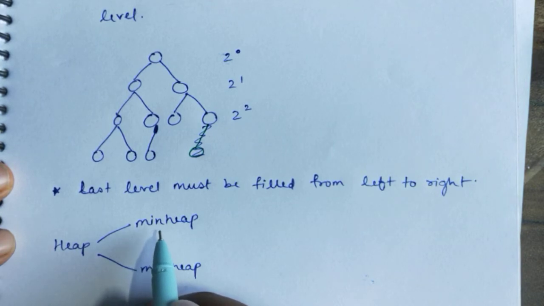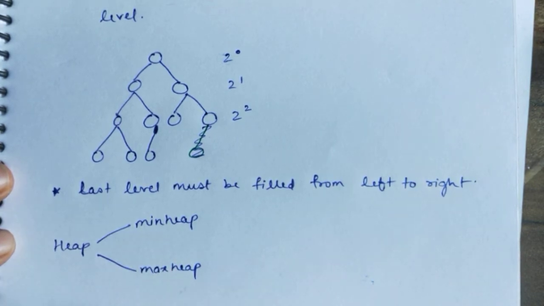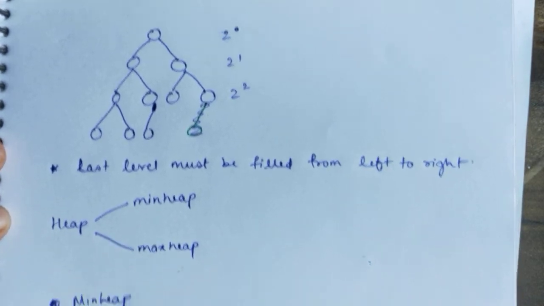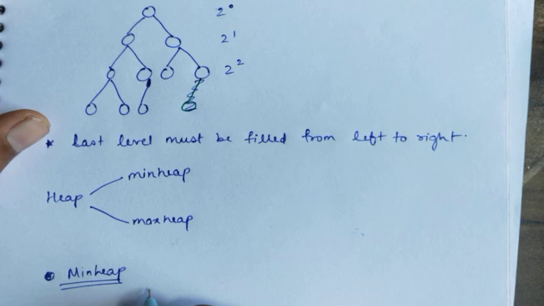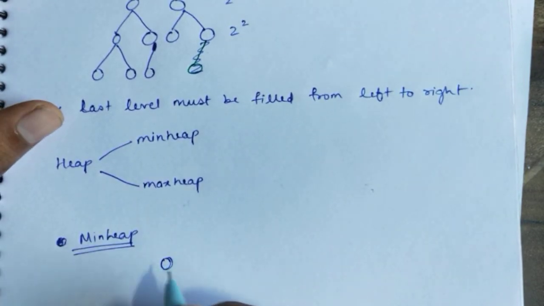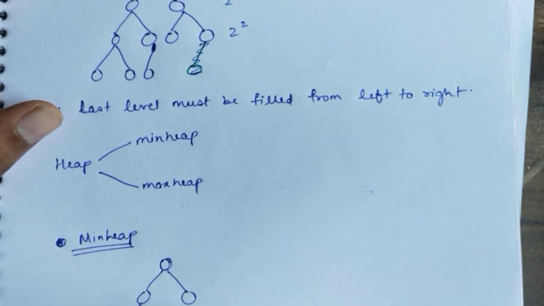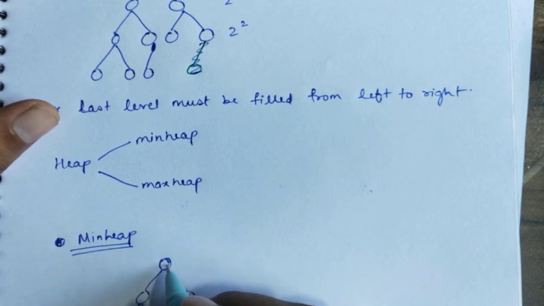First of all, let's talk about this min heap. So min heap tells that all the nodes of a tree must be less than its children nodes. All of its children nodes means if I am having a tree here like this, then this node must be smaller than all of its children.